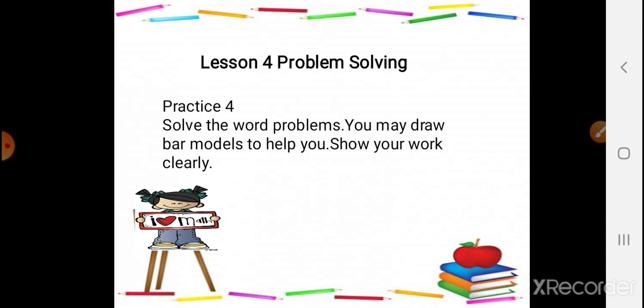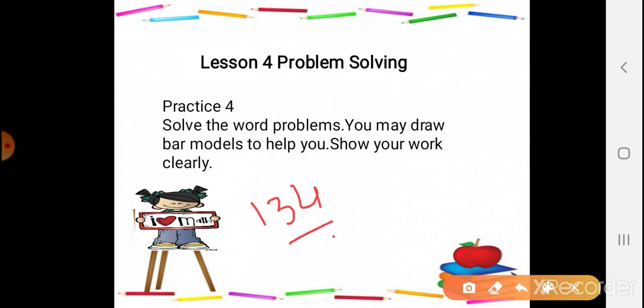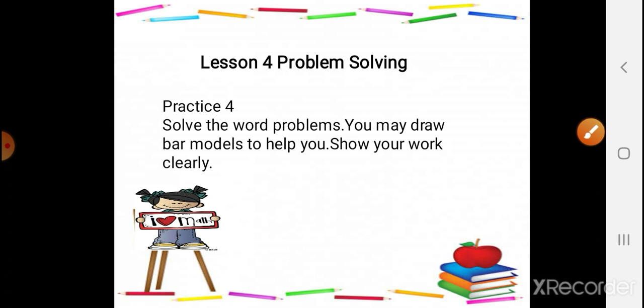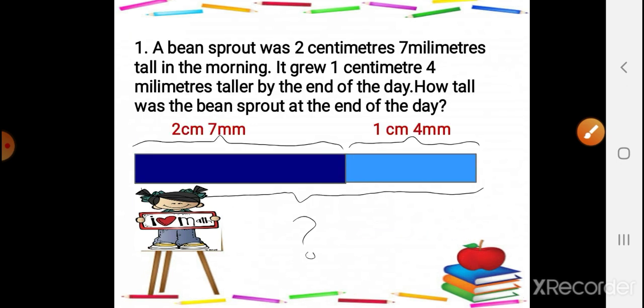You have your lesson 4 problem solving, that is practice 4, solve the word problems. You may draw a bar model to help you show your work clearly. That is from your course book, page number 134. So let's solve it.